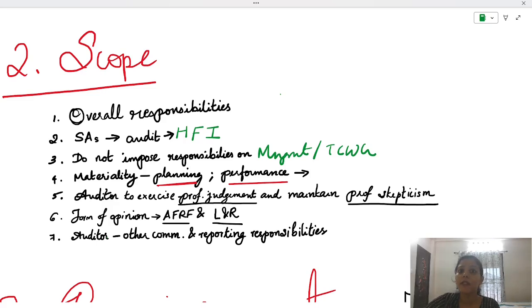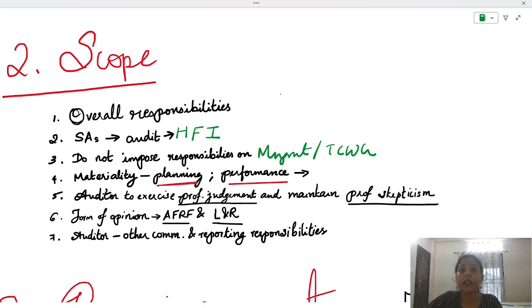Materiality. As we have discussed in the example, there is materiality. So this can be at the planning level and performance level as well. So this materiality is something that requires the auditor's attention. Those that are immaterial, does the auditor have to pay attention? No. Suppose the company XYZ is audited by us as auditors.